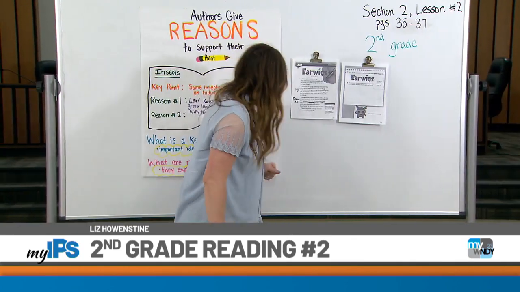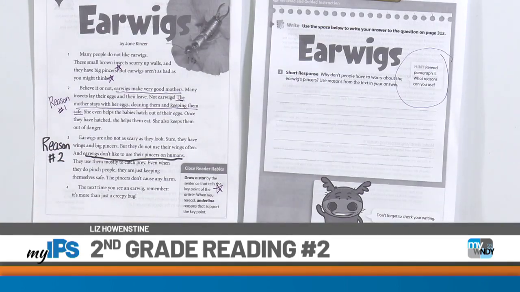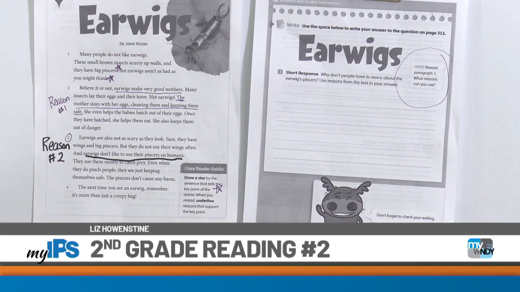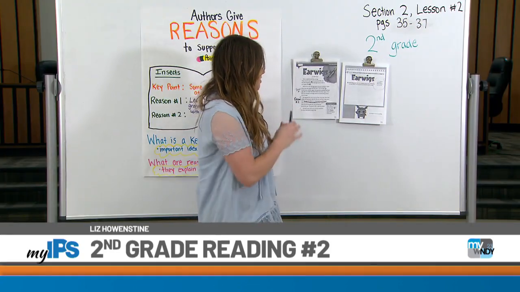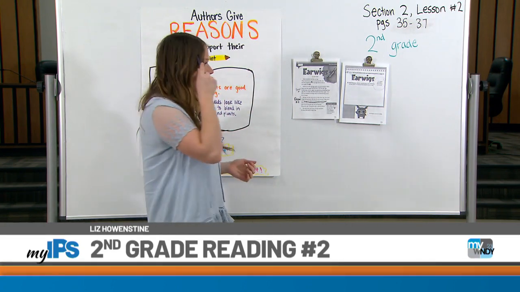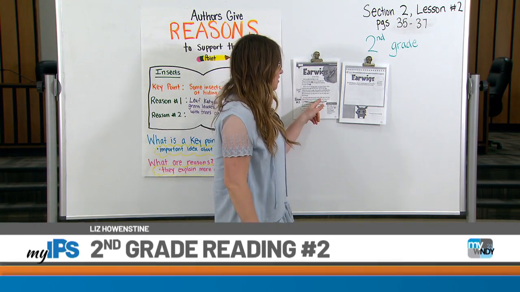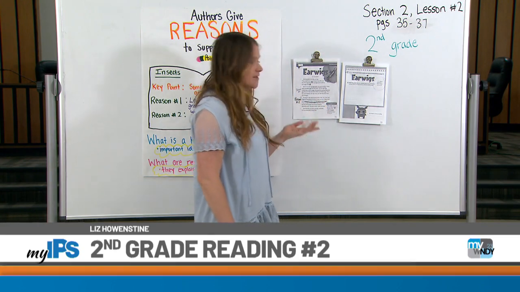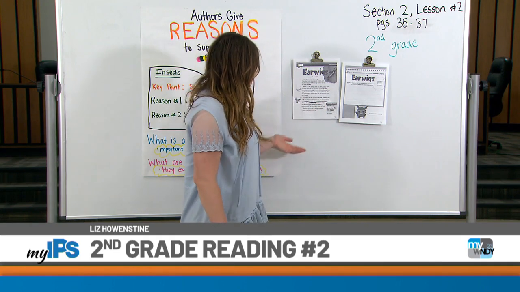Okay, well, let's look in paragraph 3. So find the 3, circle the 3, just so we can remember what we're looking for. Earwigs are also, let's read this. We're going to reread and then think about it in our brains. Earwigs are also not as scary as they look. Sure, they have wings and big pinchers, but they do not use their wings often.